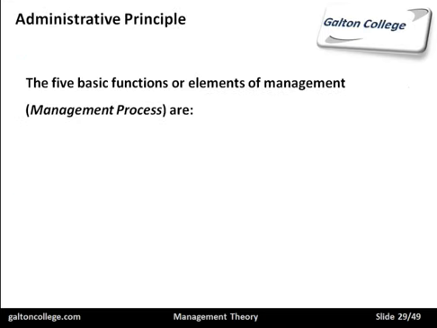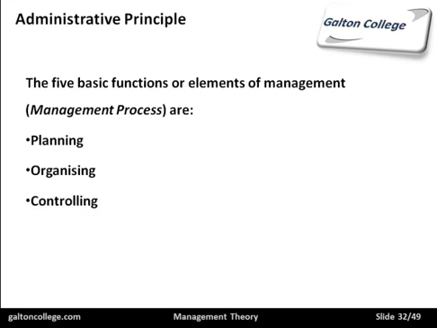Now, according to this view, the administrative view, there are 5 functions or elements of management. The first one is planning. Clearly, the business has to be planned. The way forward has to be planned. It has to be organised, otherwise there'll be chaos.